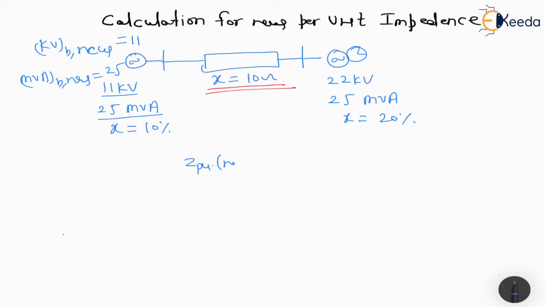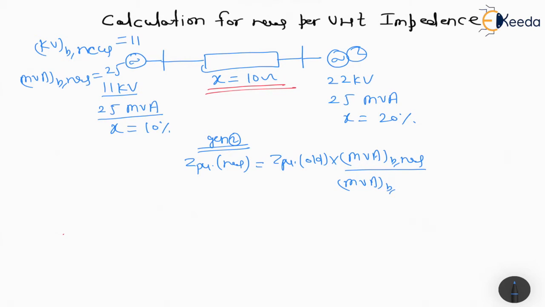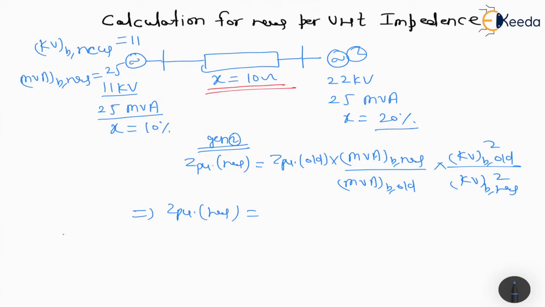ZPU new is equal to ZPU old into MVAB new upon MVAB old into KVB old square upon KVB new square. Putting in the values, ZPU old has been given as 20%.